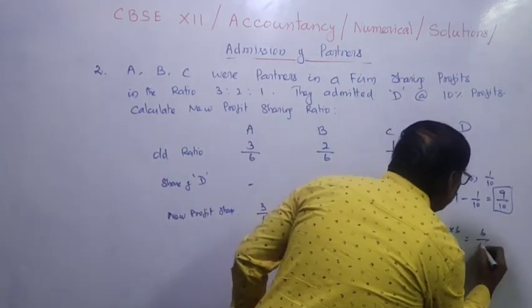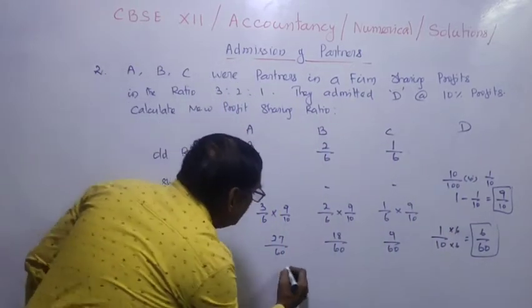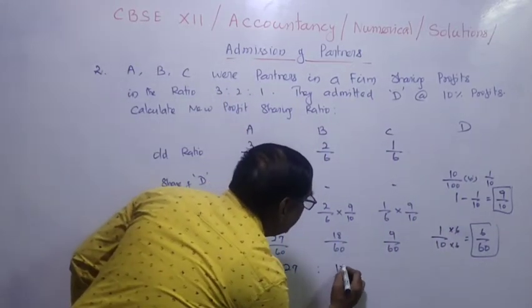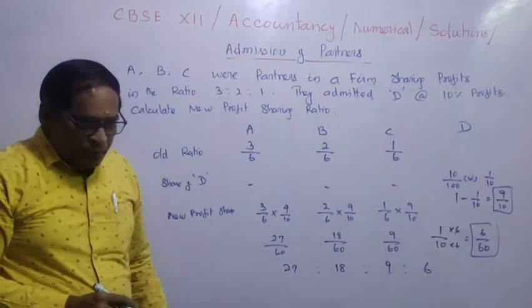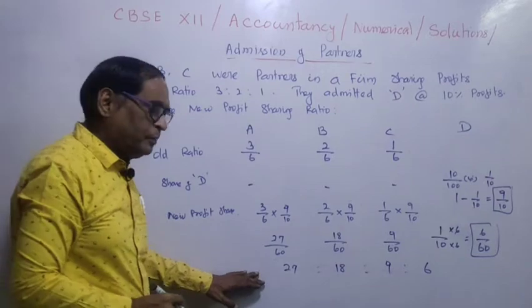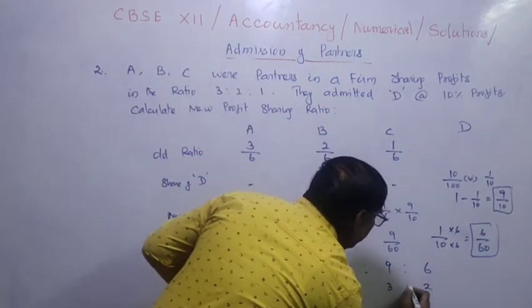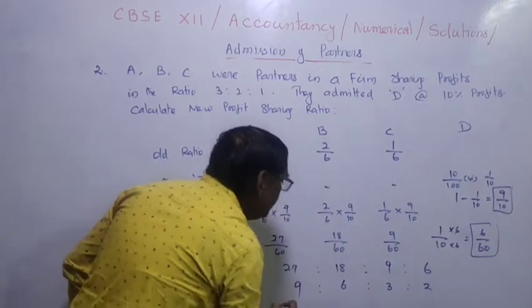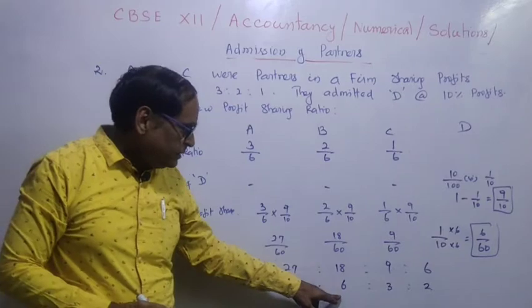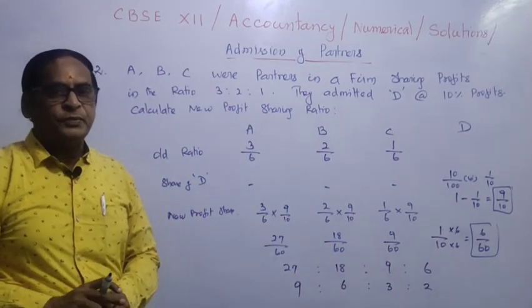So 6 by 60 for D. So the ratio will be 27 is to 18 is to 9 is to 6. You can further simplify. If you divide by 3, it will become 9 is to 6 is to 3 is to 2. That is the new profit sharing ratio.